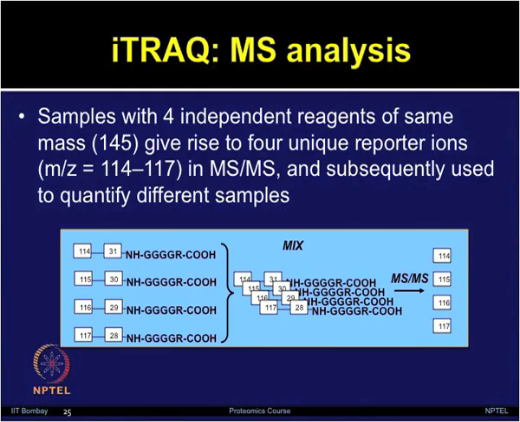4 independent reagents of the same mass 145 can give rise to 4 unique reporter ions, m/z 114 to 117, in MS/MS analysis, and subsequently these reporter ions can be used for quantification of different samples.